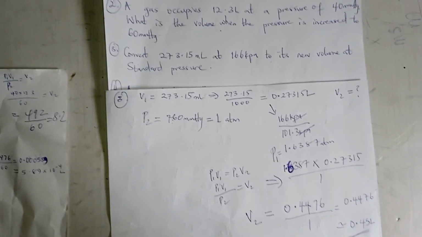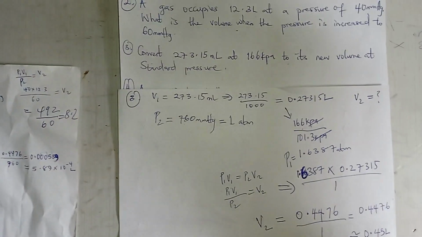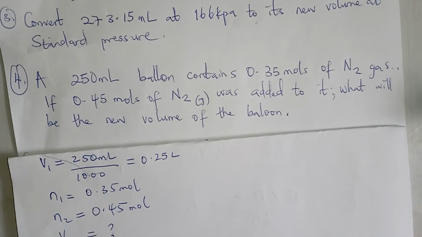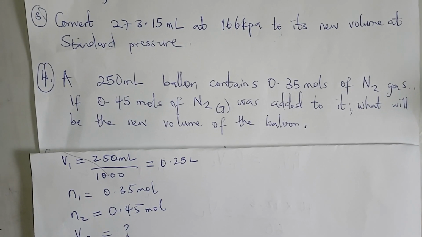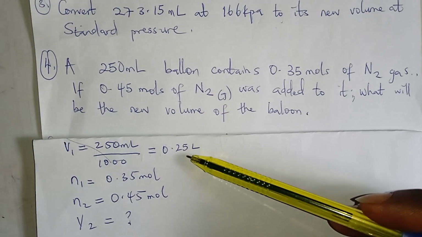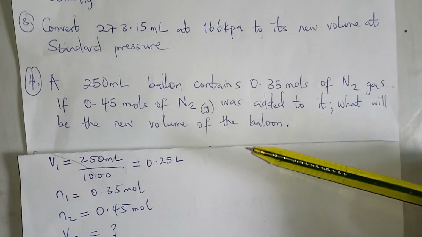So for question 4, let's move to the fourth question. It says a 250 milliliter balloon, and 250 milliliter is 0.25 liter, contains 0.35 moles of nitrogen gas.